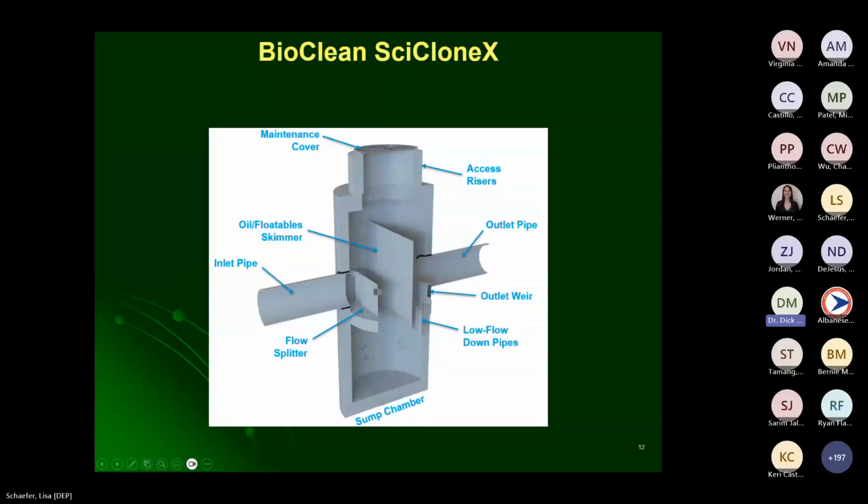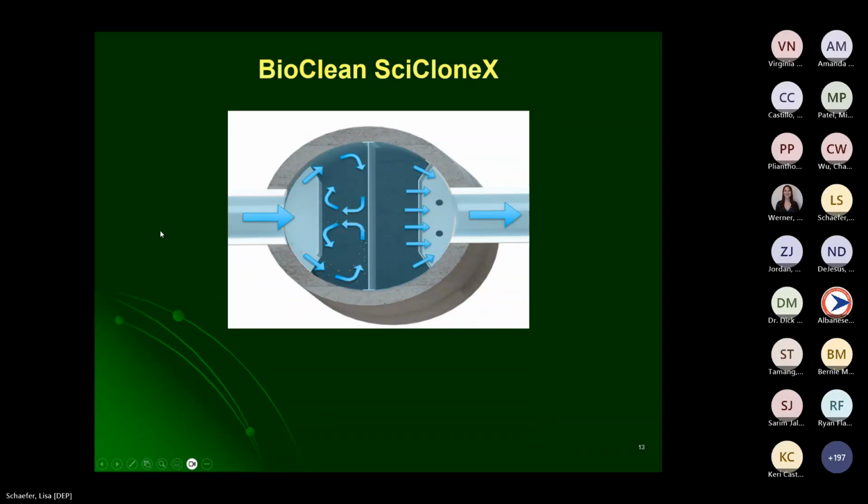The next picture will show you a better idea of how the flow patterns look. So you see the flow comes in from the left. You've got that deflector plate. The deflector plate forces the flow to either go upward or downward.